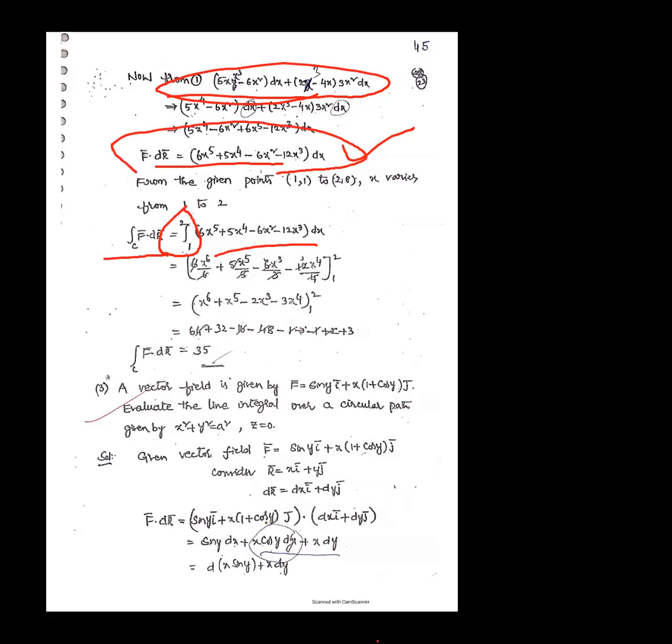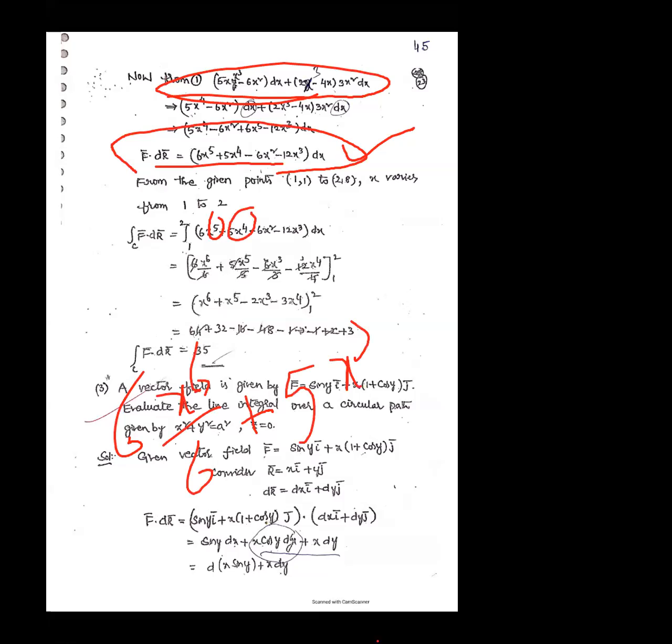We find the integration. First, 6 is constant; the integral of x power 5 is x power 6 by 6. Plus 5 constant; the integral of x power 4 is x power 5 by 5. Minus 6 constant; the integral of x square is x cube by 3.